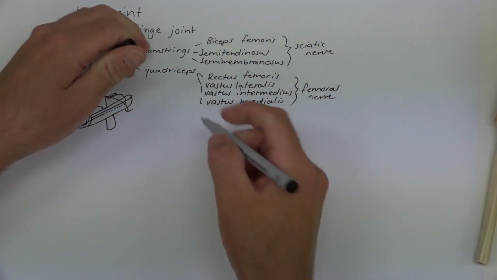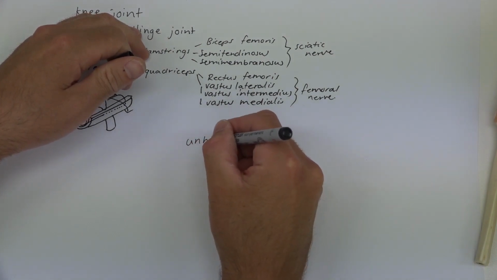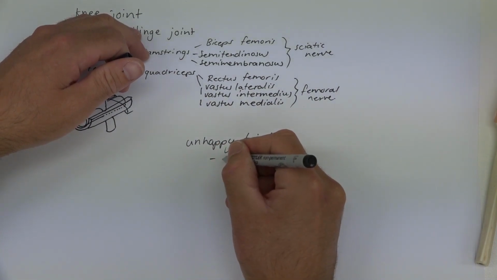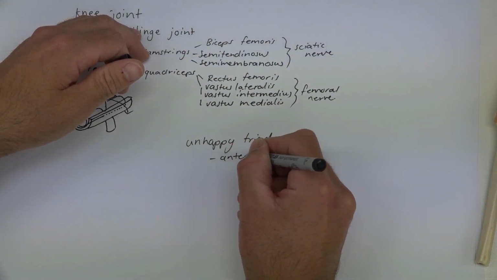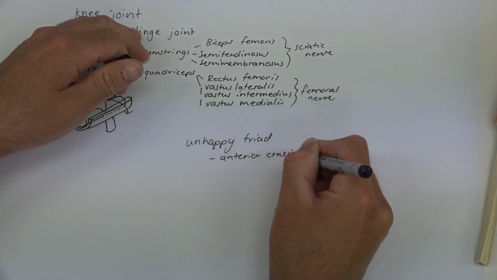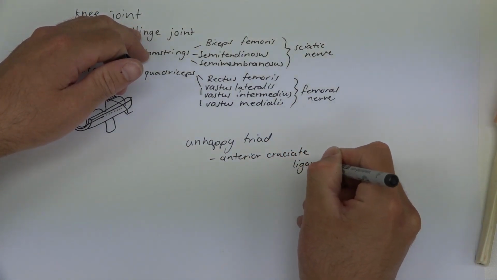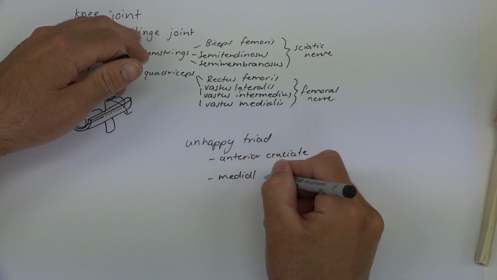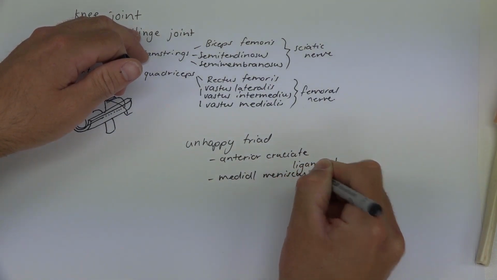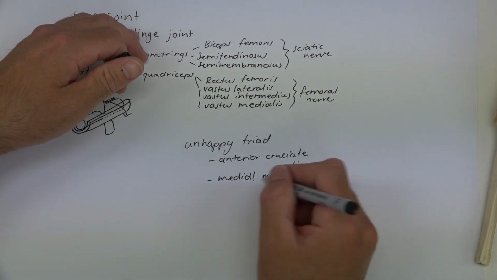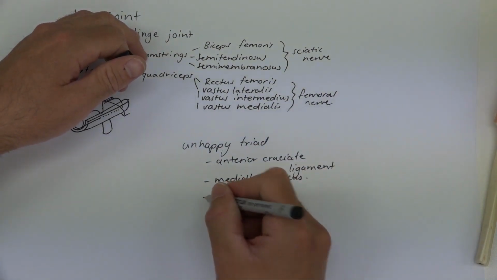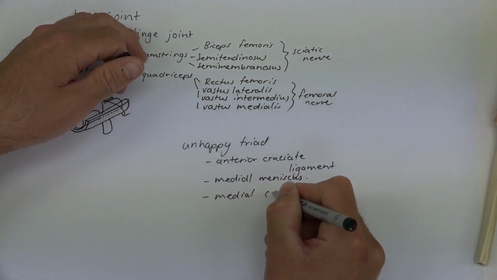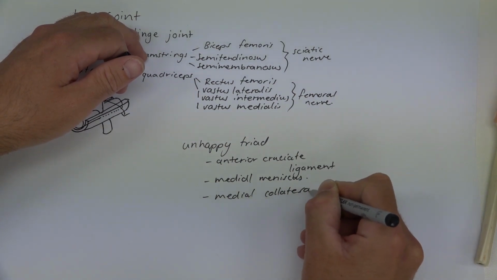Any question that you might find about the unhappy triad would be the combination of tearing of the anterior cruciate ligament, which resists anterior translation of the tibia, the medial meniscus, which is there to increase joint congruency, reduce friction, and stabilise the knee joint, reducing any focal stress, and the medial collateral ligament, which is going to be resisting any valgus type forces.